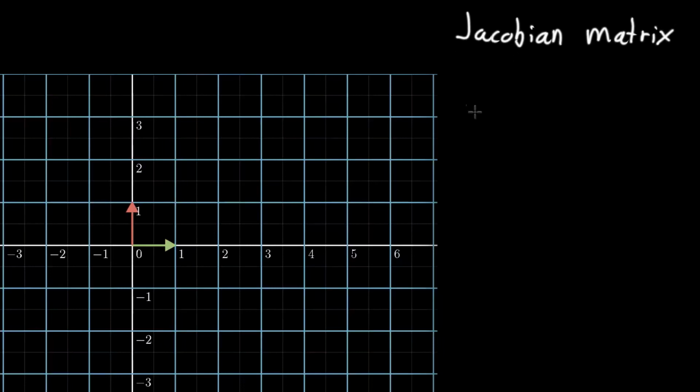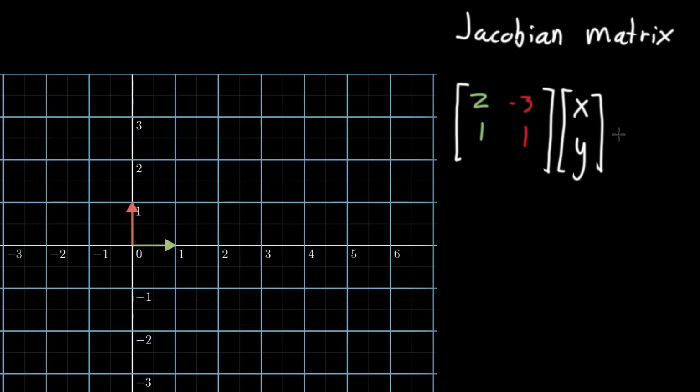In particular, I want to make sure that everyone here understands how to think about matrices as transformations of space. And when I say transformations, here let me just get a matrix on here. I'll call it 2, 1, and -3, 1. You'll see why I'm coloring it like this in just a moment. When I say how to think about this as a transformation of space, I mean you can multiply a matrix by some kind of two-dimensional vector, some kind of two-dimensional xy, and this is going to give us a new two-dimensional vector.